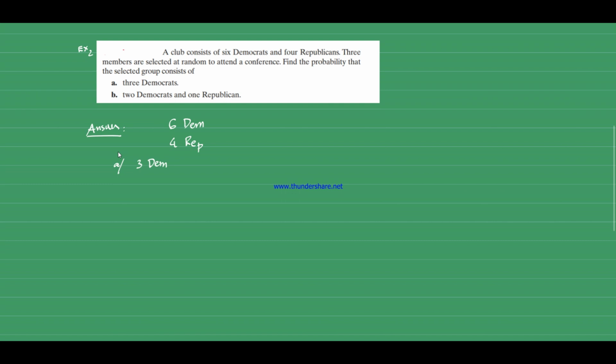Because there's no order, we're going to use combinations. 3 out of 6 must be the event space. But before we find the event space, we need to find the sample space. So the sample space here should be 3 out of 6 and 4, so it will be C(10, 4).